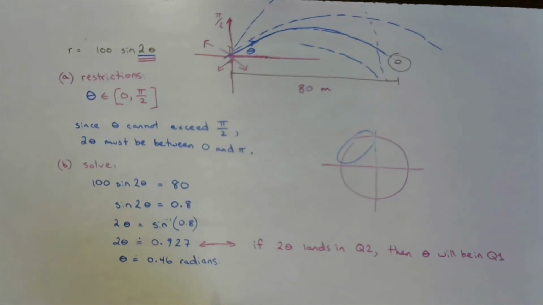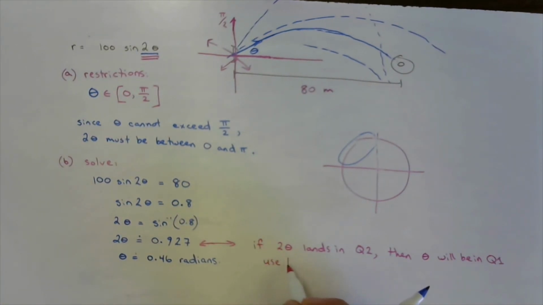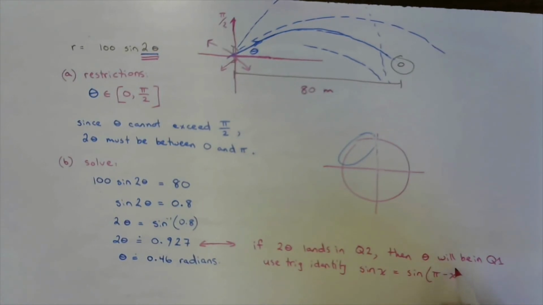We're going to use the trig identity for sine: the sine of x equals the sine of pi minus x.